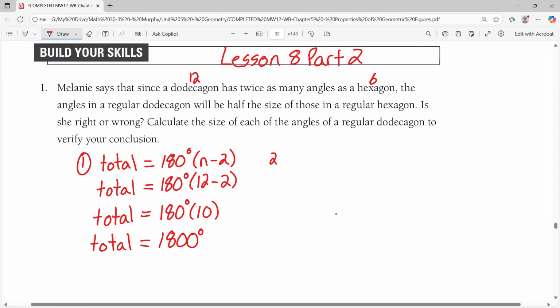Now, if we take our total, 1800, and divide it by 12 angles, each one is 150 degrees for each angle.